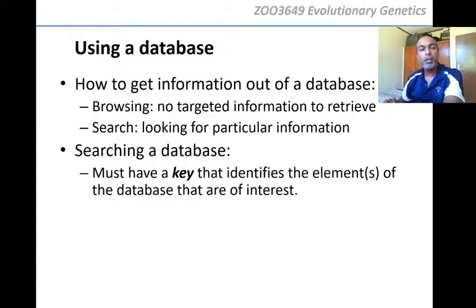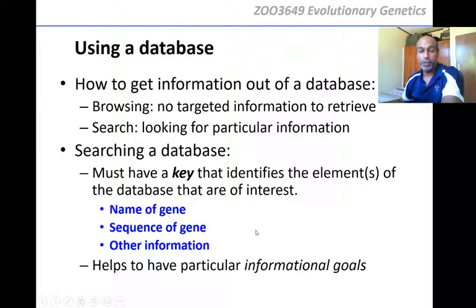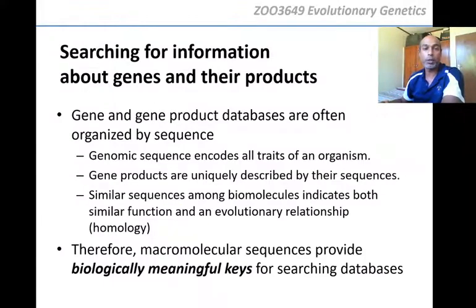Of course, in the search, you will not say something like "protein", but you will try to give the name of the protein. So you need to have some kind of way to identify, like the name of the gene, the sequence of the gene, or other information. And it helps to have particular goals. When you're searching a database, it helps to know what it is you're actually looking for.